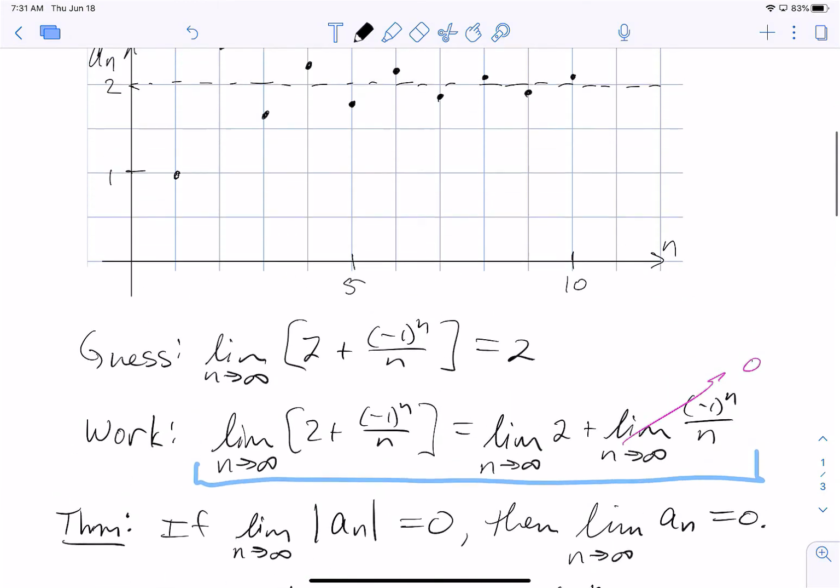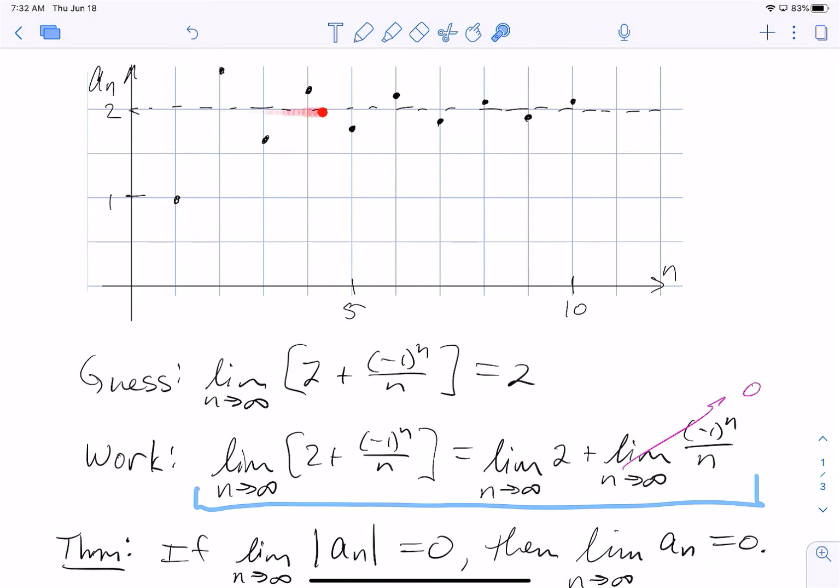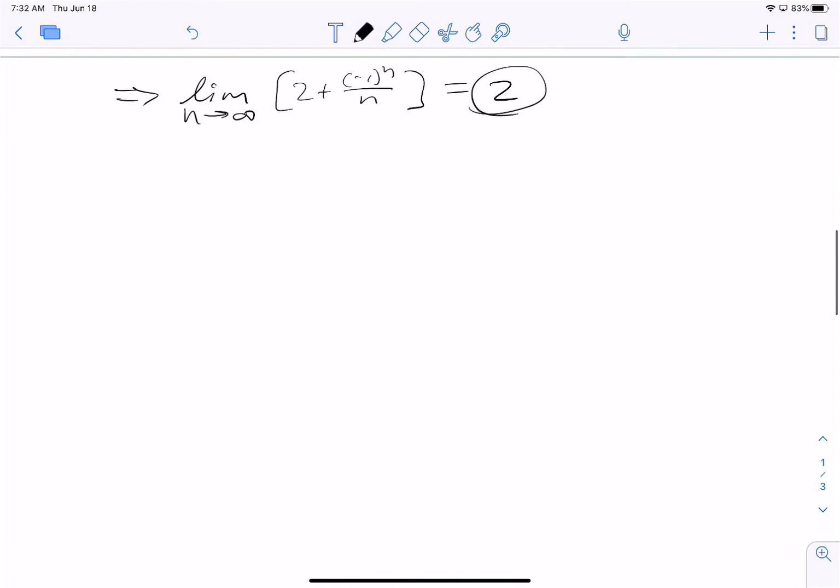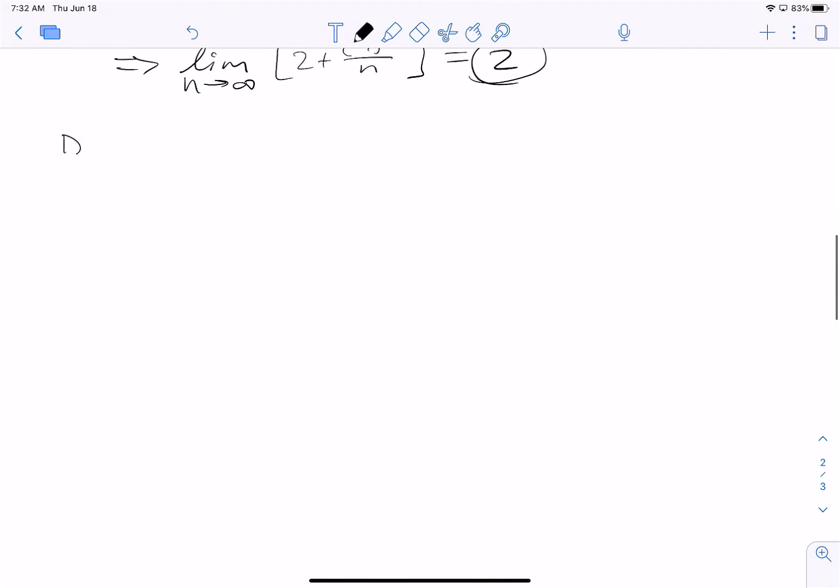Now the limit makes intuitive sense if we look at the set of dots, right? They're approaching this horizontal value of y equals 2. But that's not, again, what math is built on. It's built on definitions.